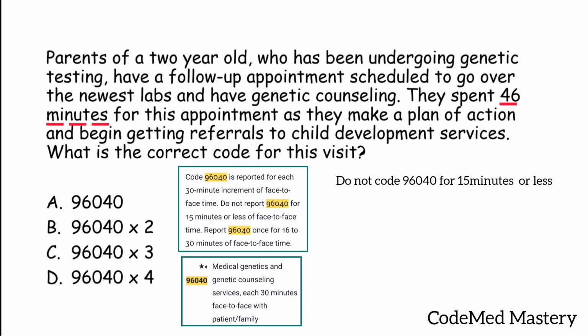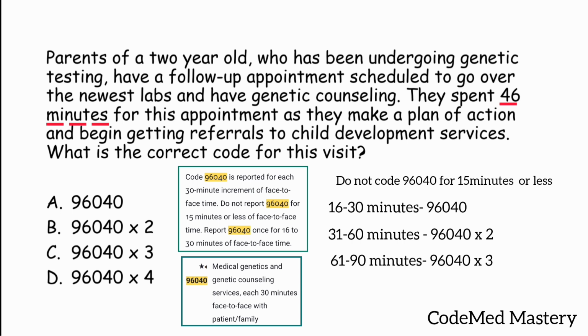Okay, and for 16 to 30 minutes, we should code 96040 once. For 31 to 60 minutes, we should code 96040 twice. For 61 to 90 minutes, we should code 96040 3 times. And for 91 to 120 minutes, we should code 96040 4 times.